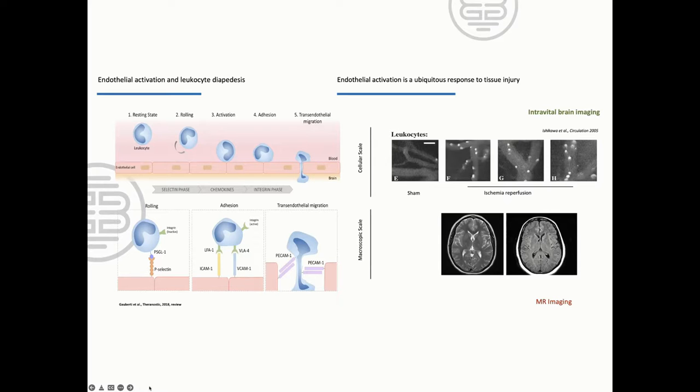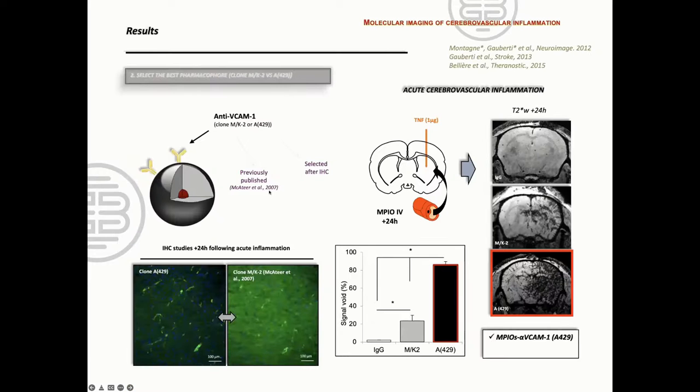And what we did in my group, we have designed micro tools or nano tools which should allow us to perform molecular in vivo brain imaging using MRI. And to do that, we use paramagnetic beads here, which are MPIO, that we can link with antibodies targeting adhesion molecules, here such as VCAM1.